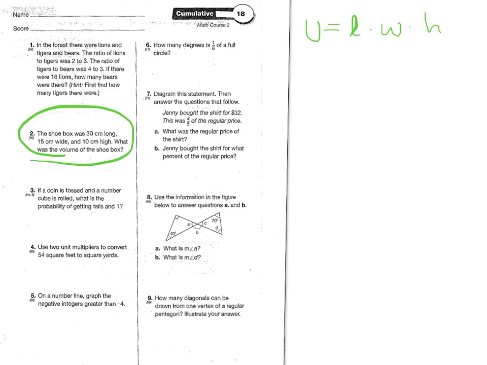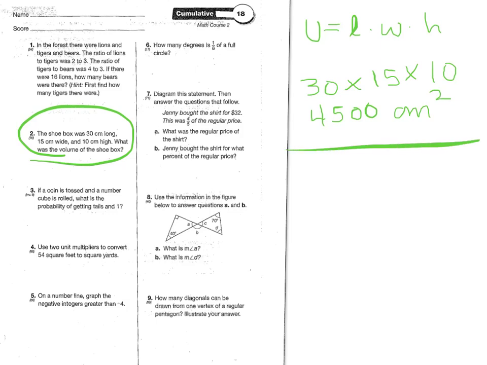So, the length, 30, times 15, times 10. And there's a lot of different ways you can do it, but go ahead and do the math. 30 times 15, multiply that times 10. You will get 4,500 centimeters squared.